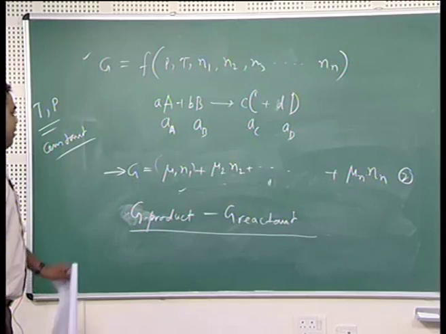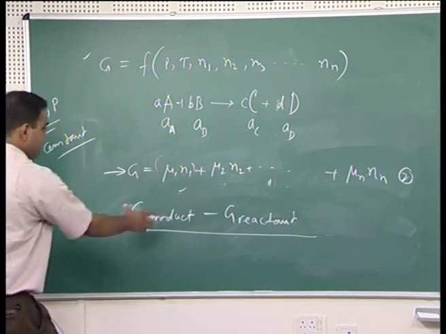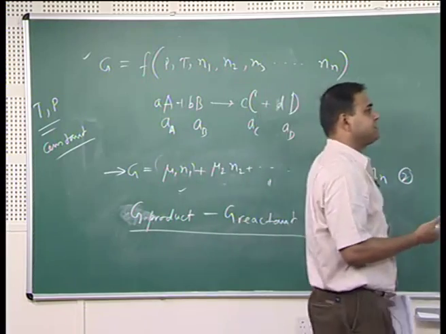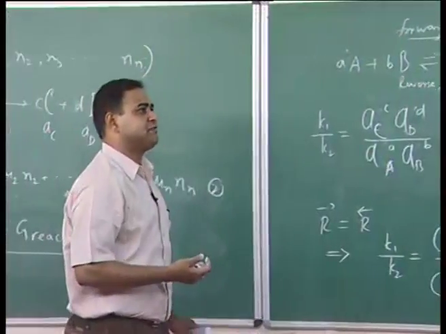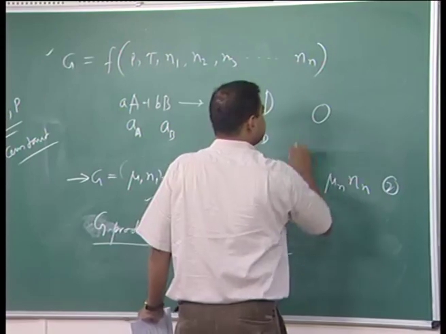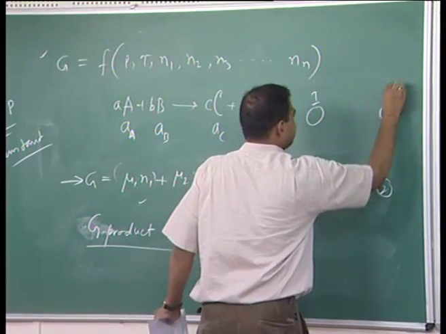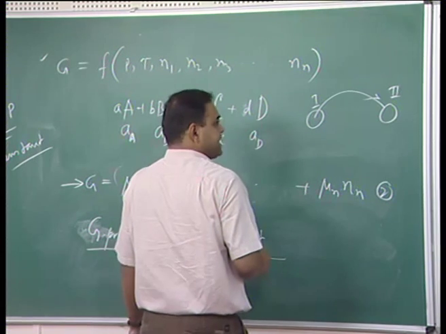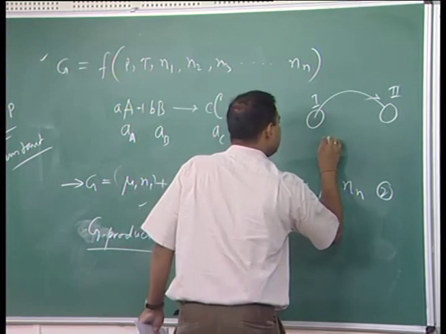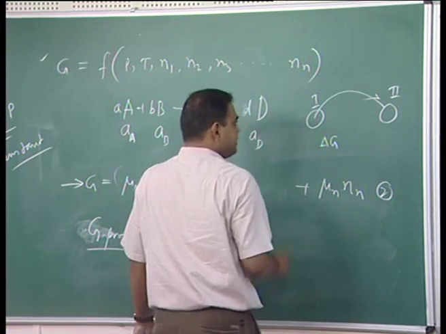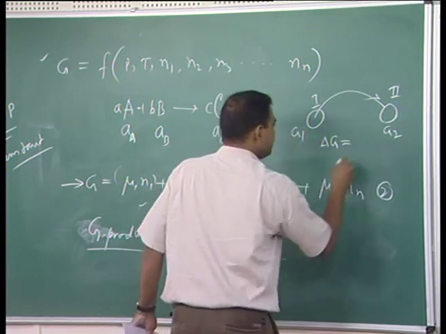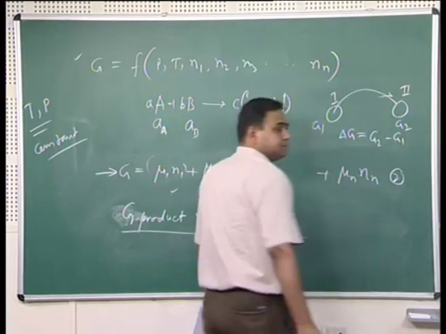G of product and G of reactant, whenever you consider some free energy change or the change in the state function, then let us say one state to another state, this is first step, this is second step. Now, if you have this change, then your change in the function would be del G, which is G2 minus G1.